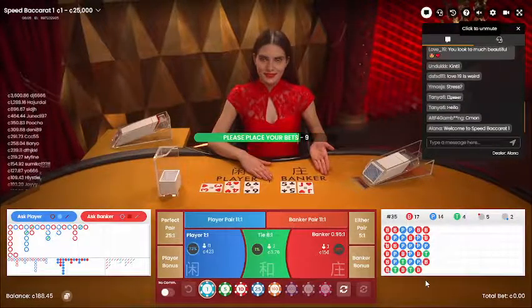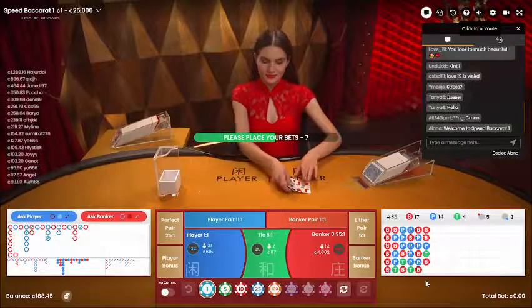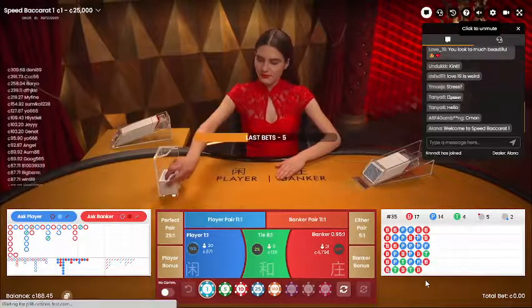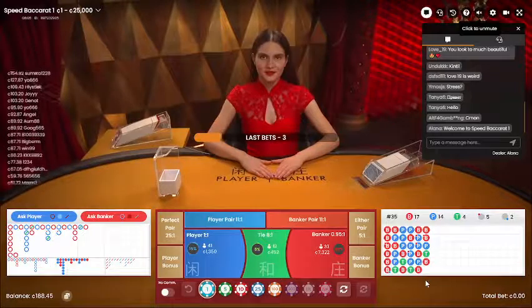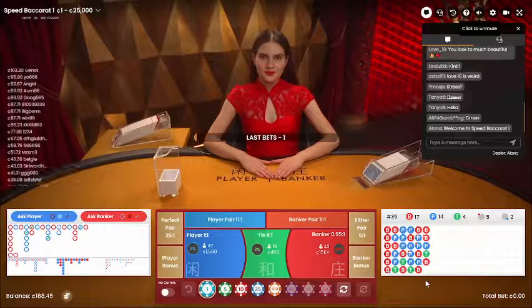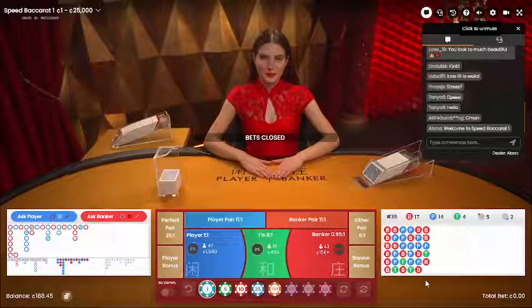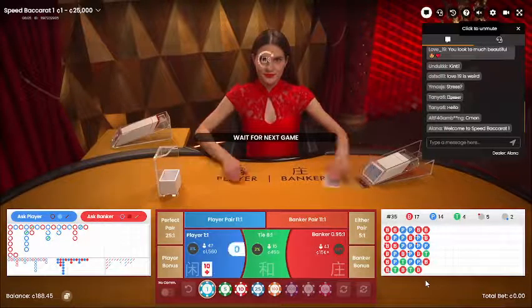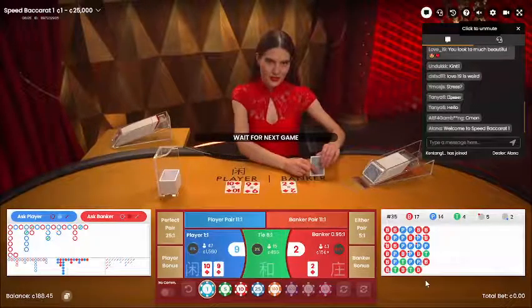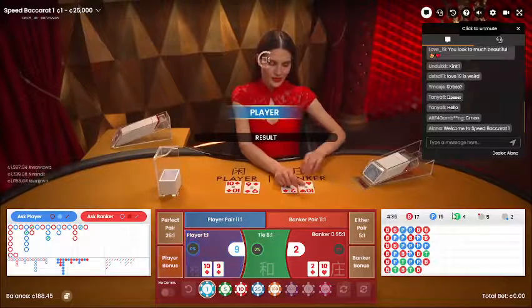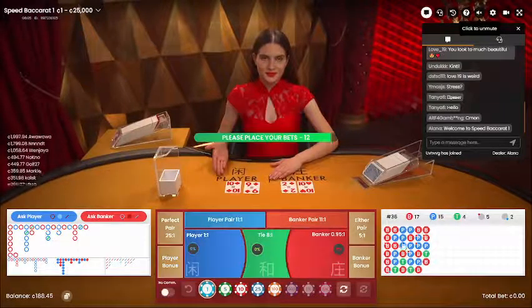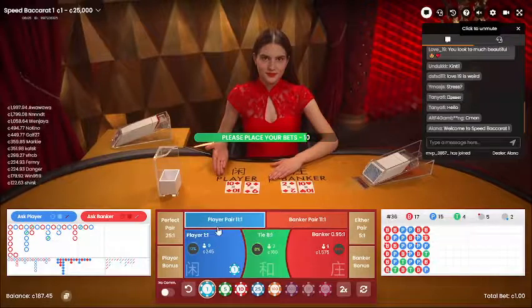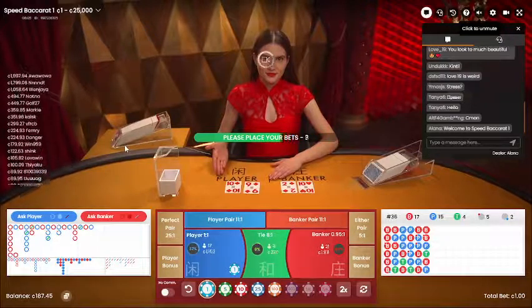Okay, so we are waiting for the last outcome, and then we start placing bets for the new column. Okay, so we are starting with a new column, so let's start betting.